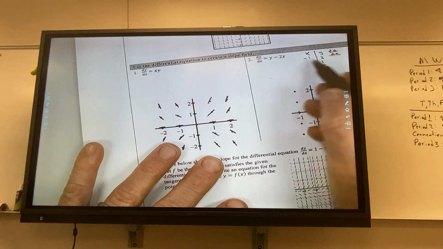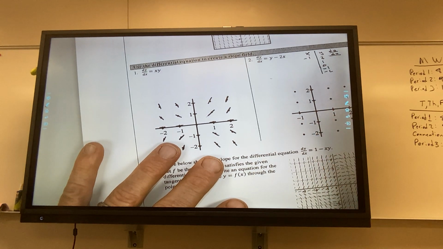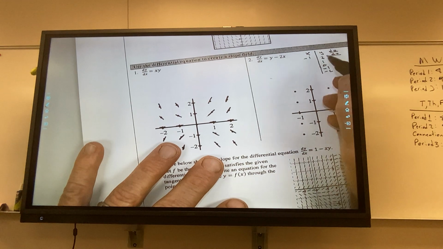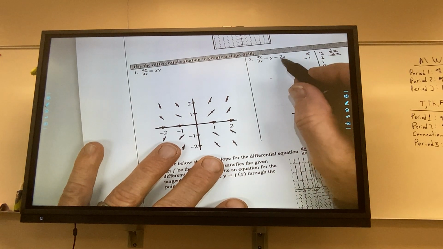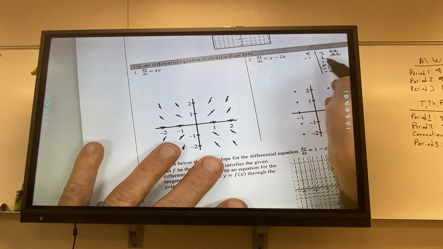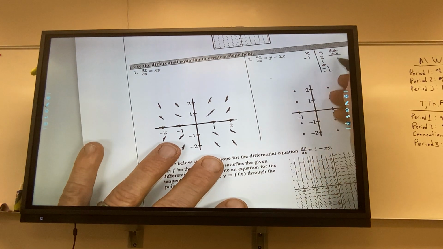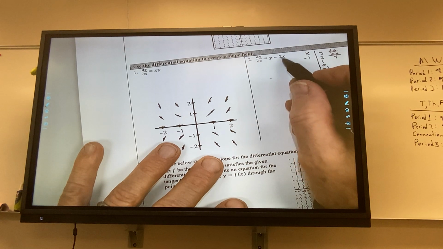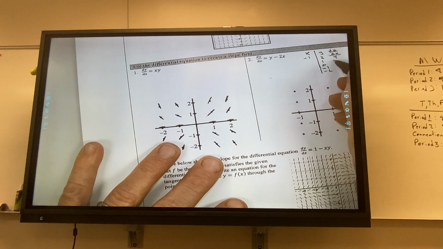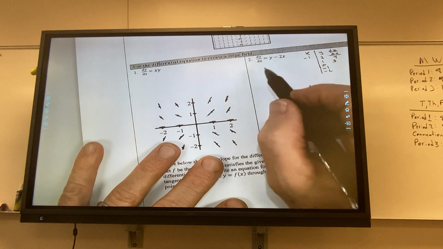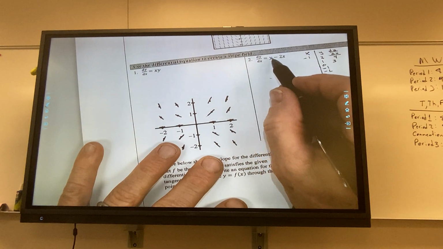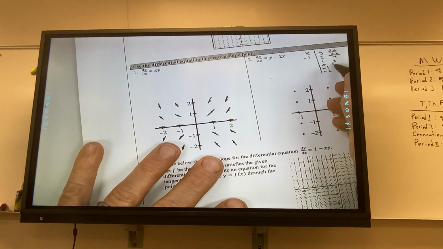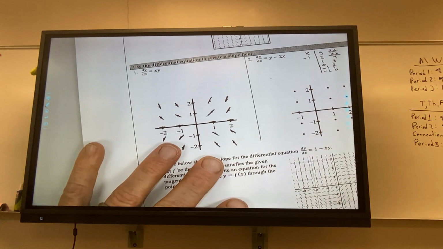And I know I'm multiplying by a negative 1, or excuse me, I'm multiplying by a negative 2. So right here, if y is 2, I'd have 2 plus 2, which is 4. Here I would have 1 plus 2, which is 3. Here I'd have 0 plus 2, which is 2. And then I'd have 1 and I'd have 0.